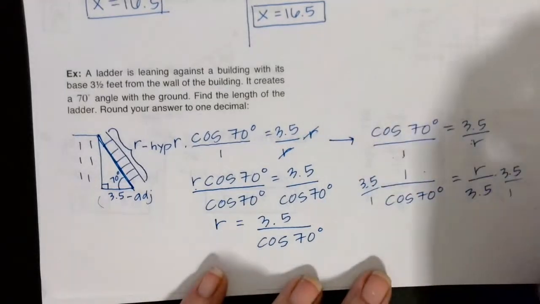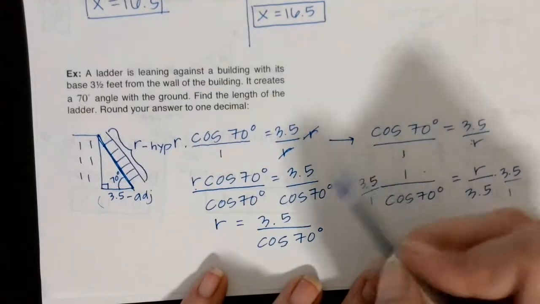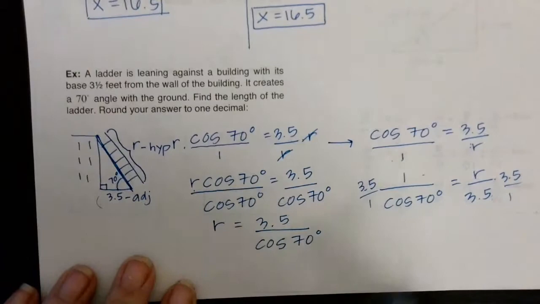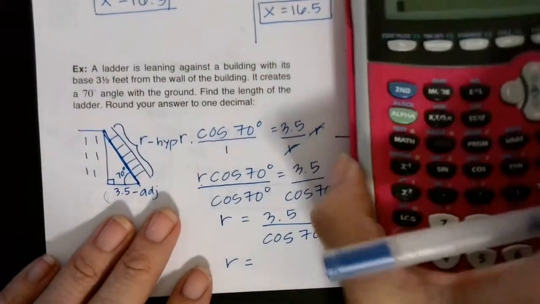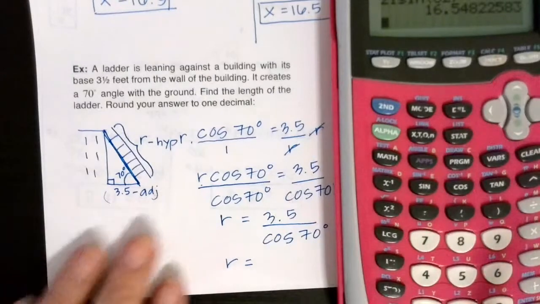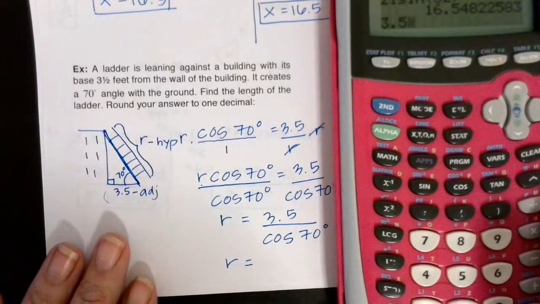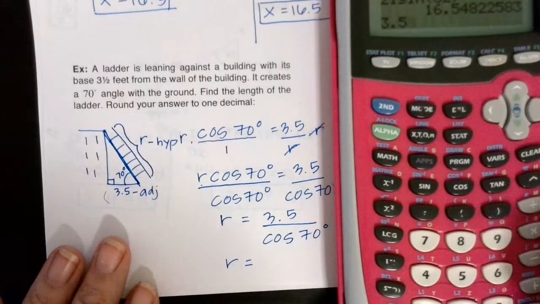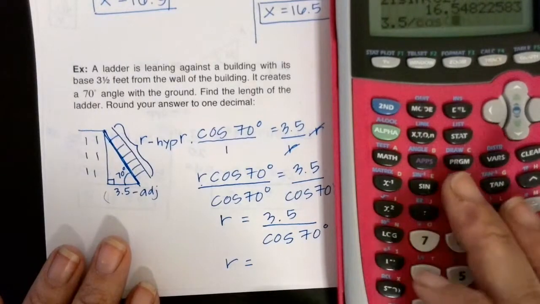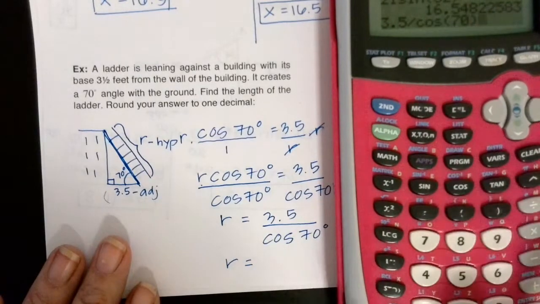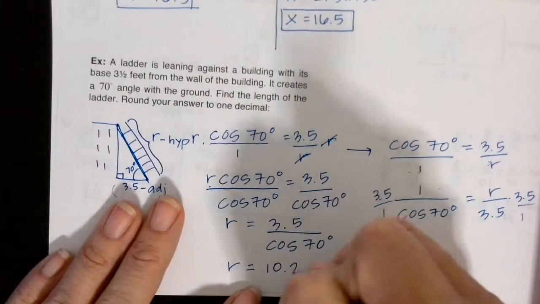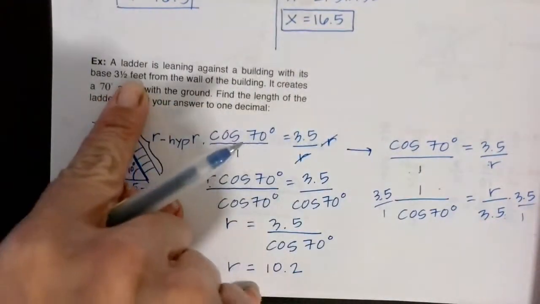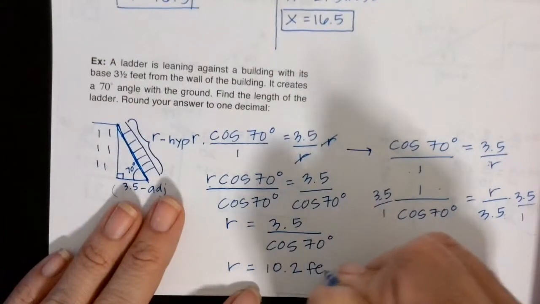So no matter which way you do it, whether or not you flip the fractions or multiply both sides by r, you'll get the same thing. And you'll see me do it, if that confused you, in the next problem as well. Or on a homework problem. I don't mind explaining it again. So that ladder is 10.2, and we do have units. The unit is feet.